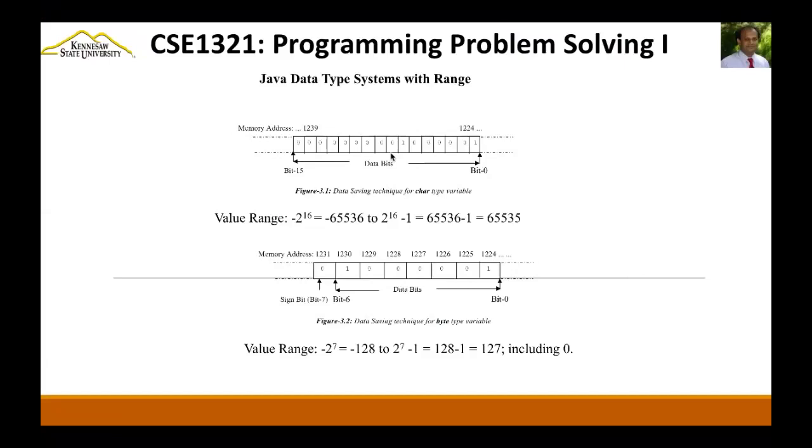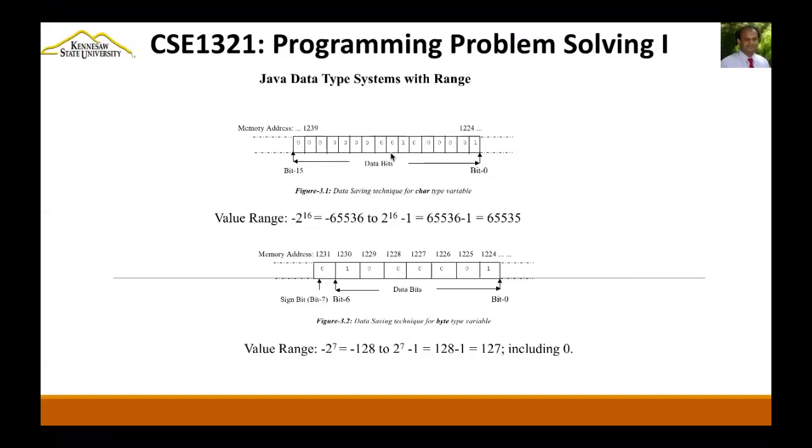Now, the character type is always unsigned, so all of the 16 bits will be used to store binary values, either 0 or 1. As you know, once we type in A on the computer, it internally converts it with ASCII code 65, right?